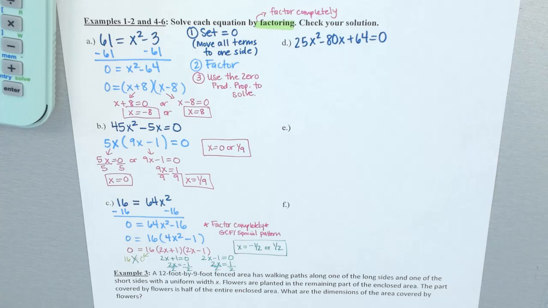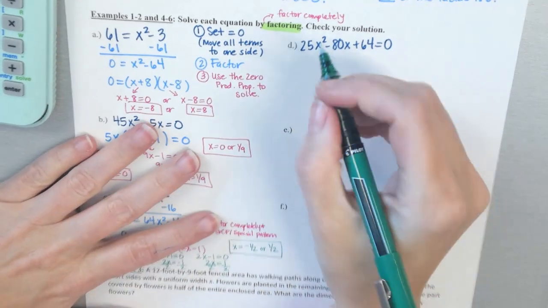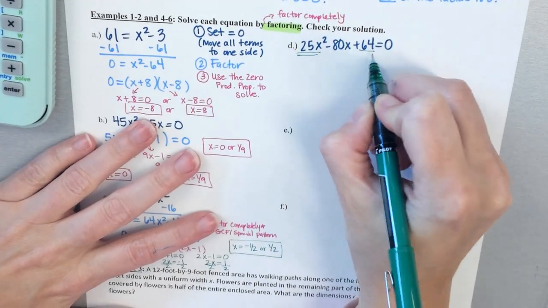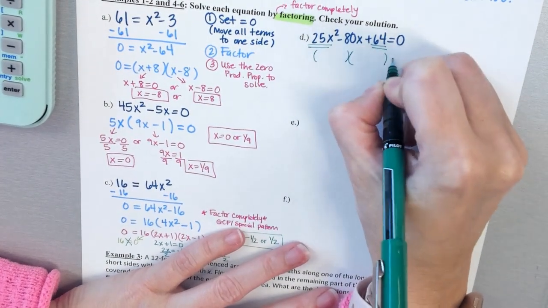Okay, did we recognize the perfect squares? The 25 is a perfect square, right? That should stand out. The 64 is a perfect square. But this isn't the difference of two squares because it's not a binomial, it's a trinomial. So the first thing I would try is I would see if this is a perfect square trinomial.